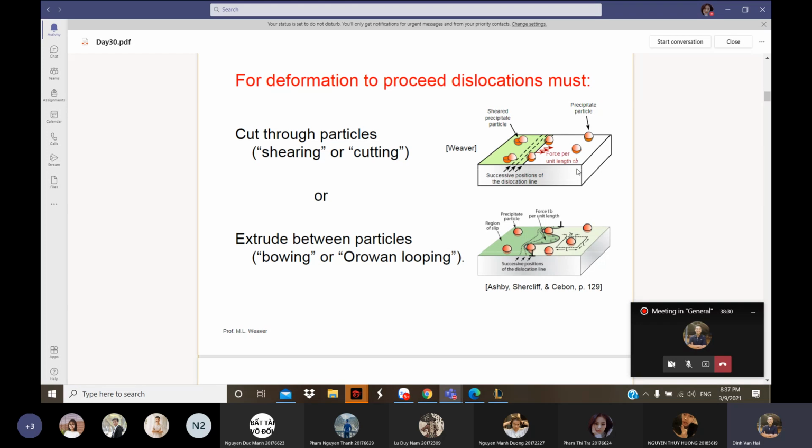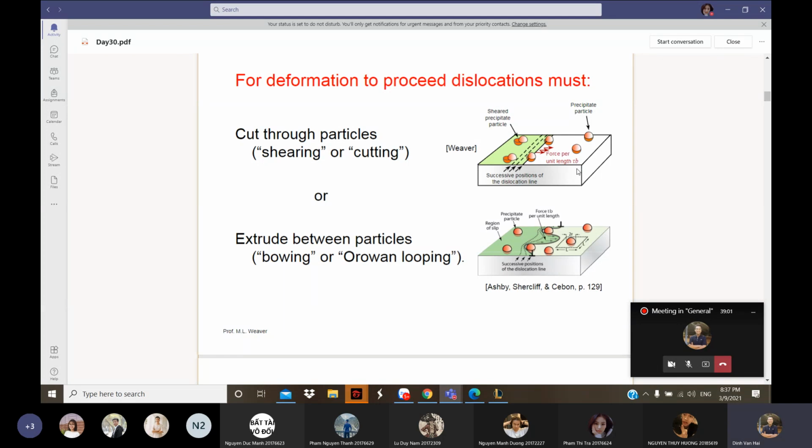So remember there are two ways the dislocation has to overcome the particle if we want to deform the materials. Because when we deform, as the first stage, it's very easy, because the dislocation just moves. That's when they get the particle. So the hardening occurs.